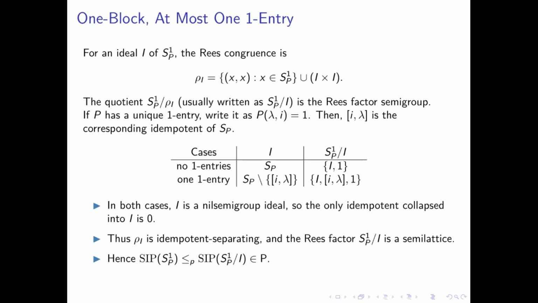Then when you multiply by that, we have i, i lambda and 1, and that is also in P. Because this Rees congruence is idempotent separating, we can say that the SAP of S sub P to the 1 reduces to the SAP of S sub P to the 1 quotient I, and they both are in P.